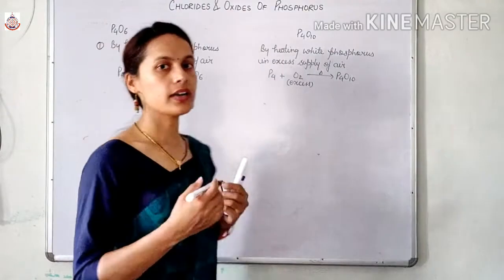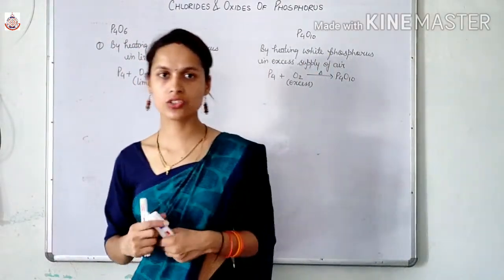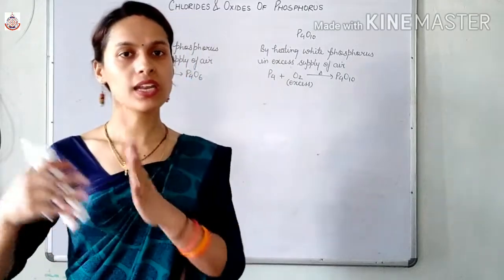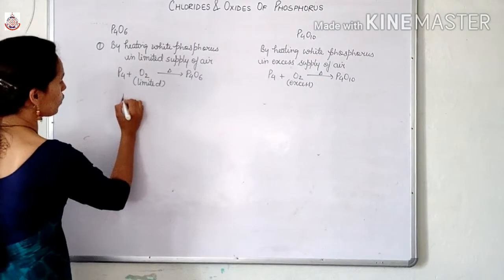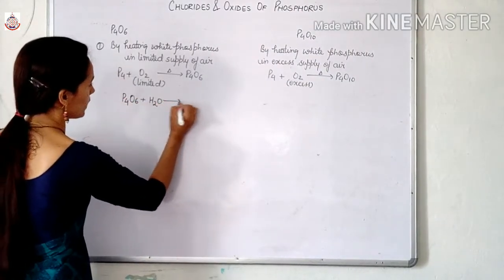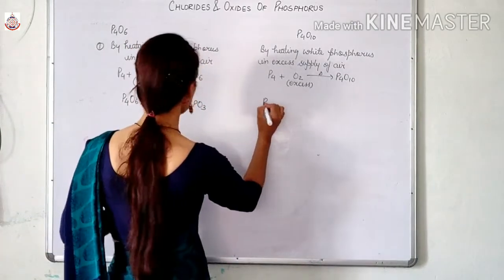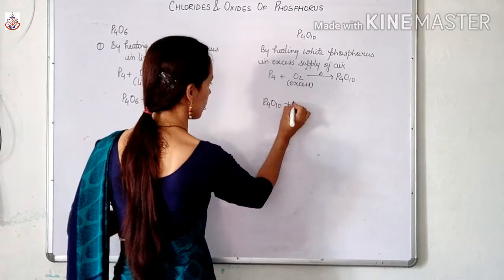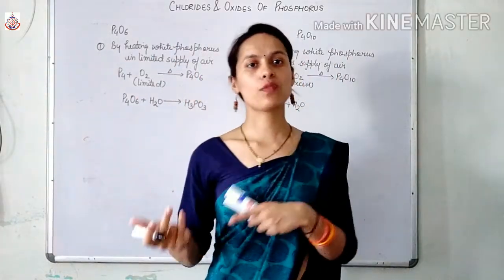Next is when it reacts with water. Both oxides are acidic in nature, because when they react with water, they form acid. When P4O6 reacts with water, it forms H3PO3. When P4O10 reacts with water, the product depends upon the temperature of the water.